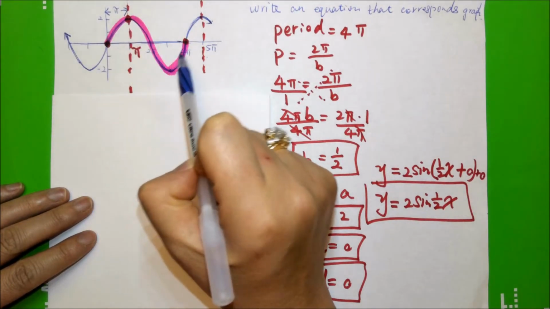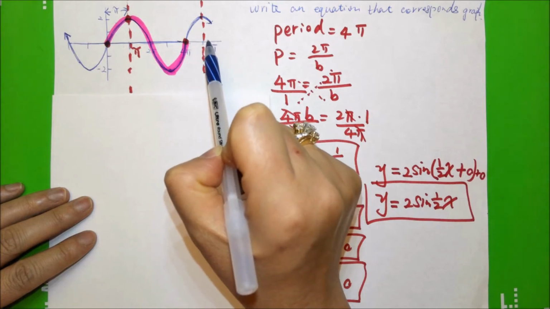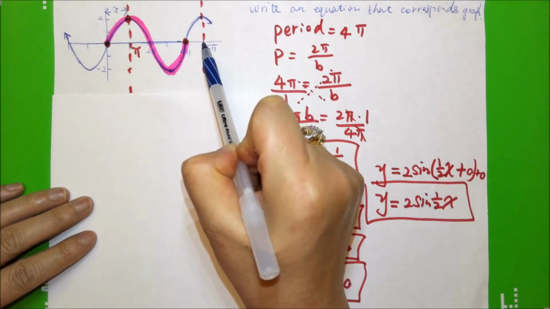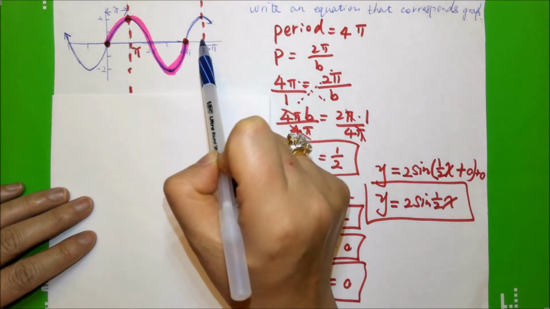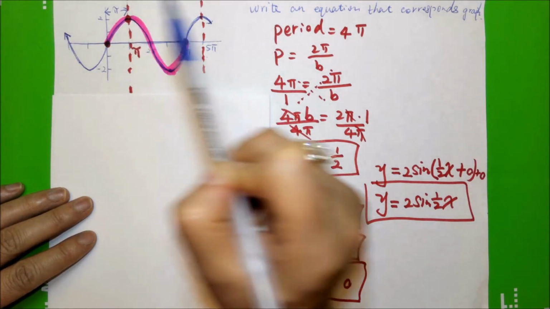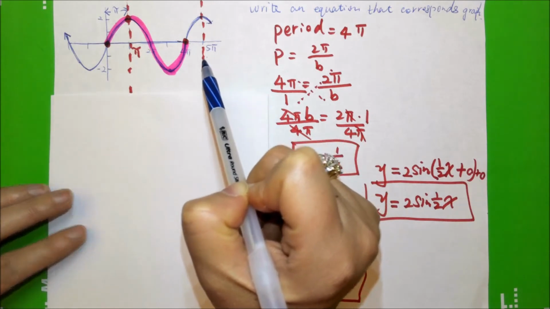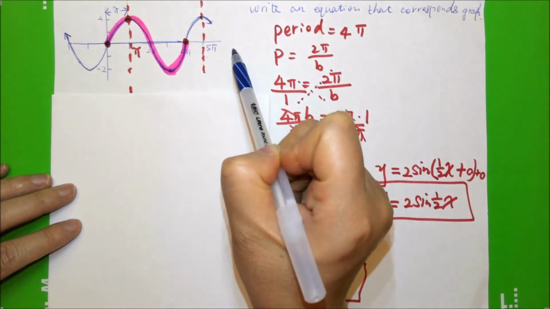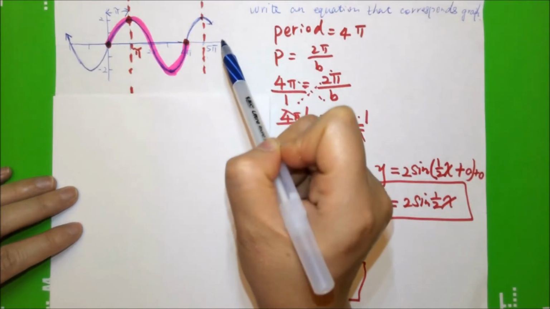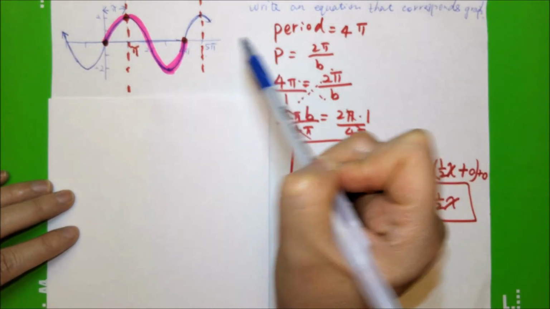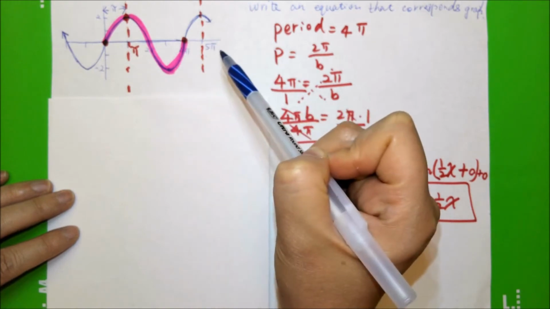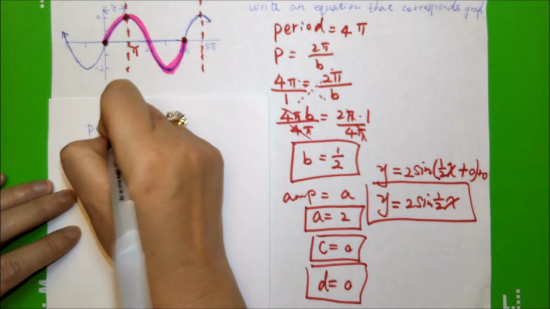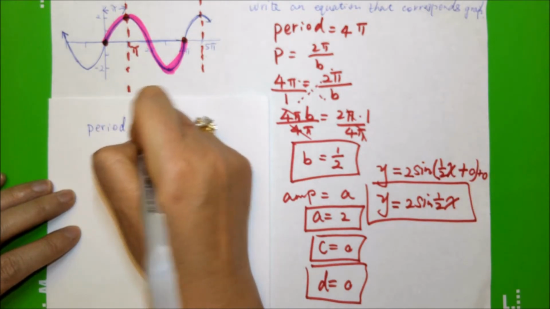The period of the function is still 4 pi, because my whole revolution ended at 5 pi, I started from 1 pi, and 5 pi subtract 1 pi is 4 pi. If your graph hasn't changed, the period of the function will not change, regardless of whether you're writing a sine function or cosine function. So the period of the cosine function equals 4 pi.